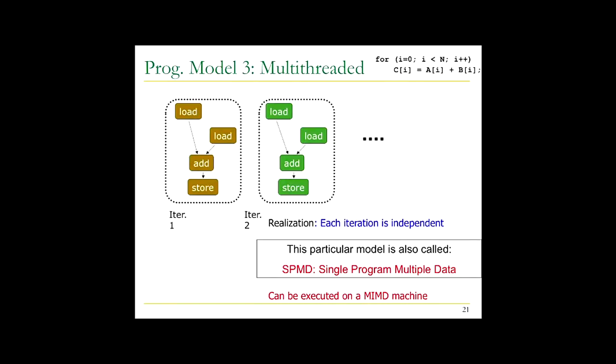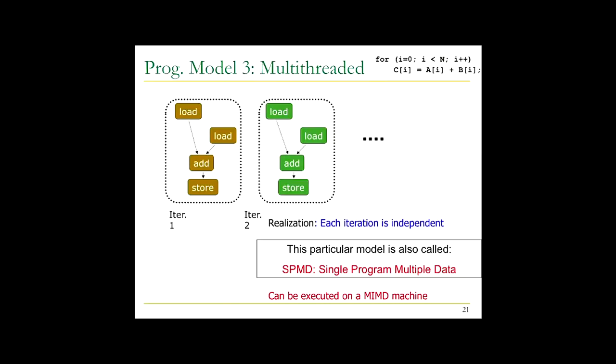Basically, if you look at each thread, it's really the same program, but you're operating on different data elements with that program. This is operating on the data elements that belong to the first iteration. This is operating on data elements that belong to the second iteration, zeroth elements, first elements, second elements, third elements, and so on. So that's the single program, multiple data.